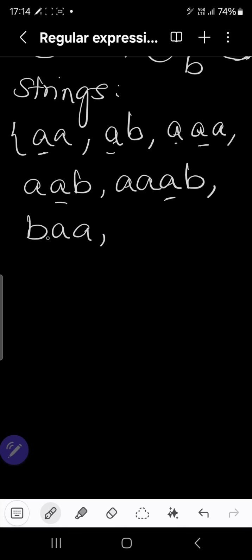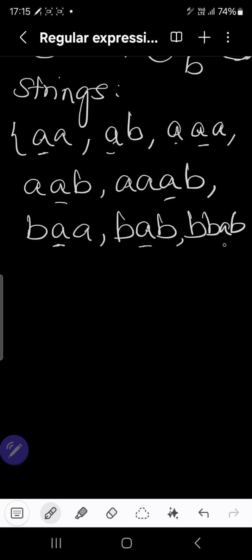This is also a possible string. We can also write BAB. We can write BBAB. We can write BABAB. In these strings also the second character from the right is an A.